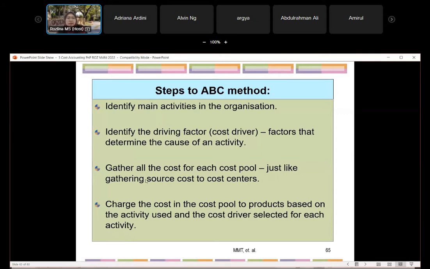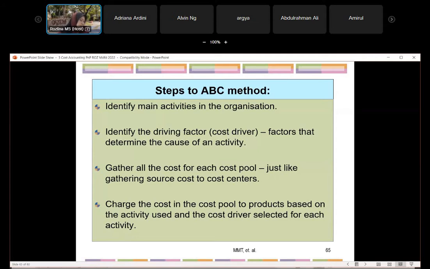Okay, gather all the costs for each cost pool, just like gathering source cost to the cost center. Okay, before this we have done our overhead cost pool. Okay, for the cost pool we use short-term variable cost and long-term variable cost.